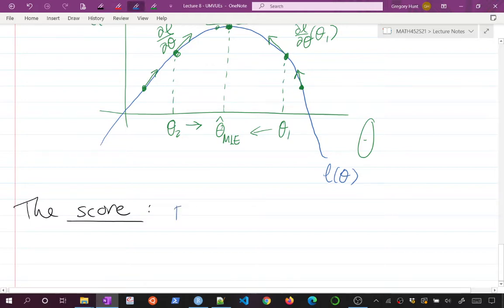I'll write it as a theorem, which is that we can look at the expected value of the score. S, our score, is random, and this expectation is 0.